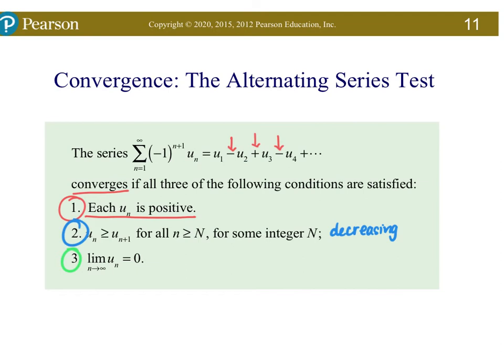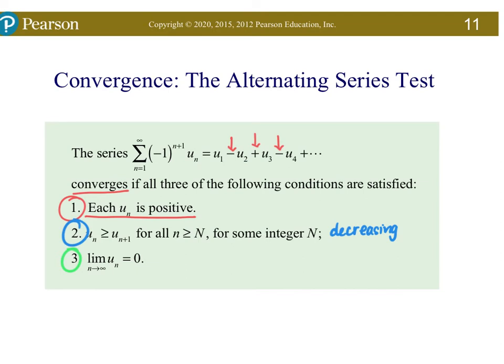Now all the other ones before this, they could just be decreasing randomly to any number. It could be decreasing to 7 or decreasing to 14. This has to specifically be decreasing to 0. So if those conditions are met and it's an alternating series, then it will converge.